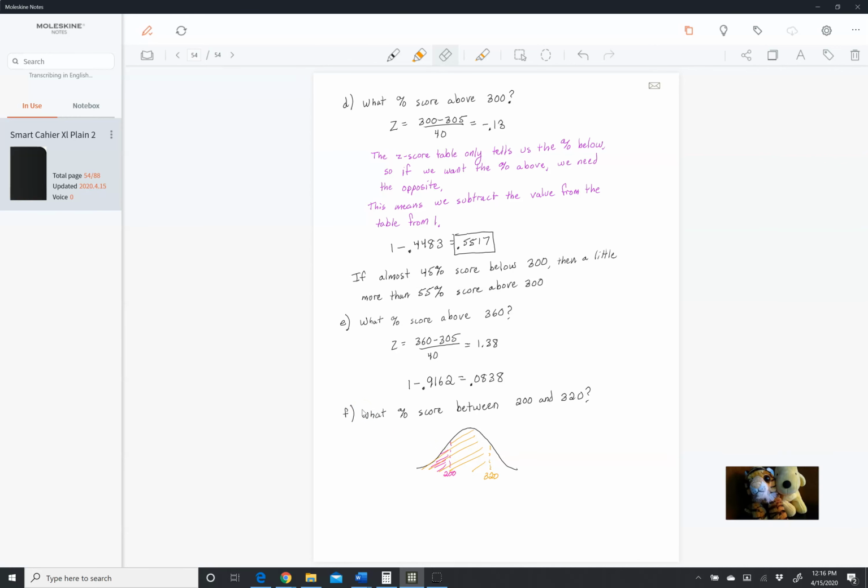So there's an overlap, right? We don't want the overlap. We want just this. So what we could do is take the cumulative area under 200 and subtract it from the cumulative area under 320, and that will get us what's in the middle. Okay? So let's just make a note of that.